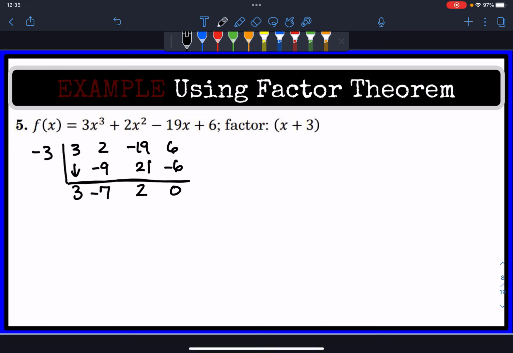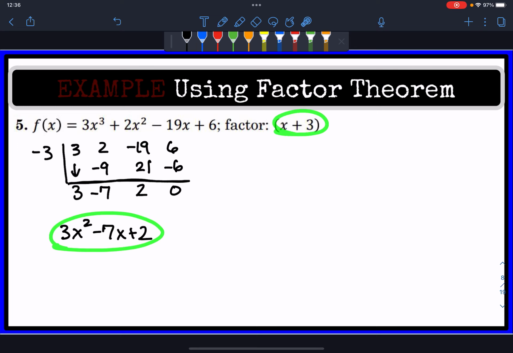Okay? So this quotient here, by the division algorithm, is 3x squared minus 7x plus 2. So this, multiplied with this, gives us that. So to find the remaining factors, I just have to find the factorization of this.